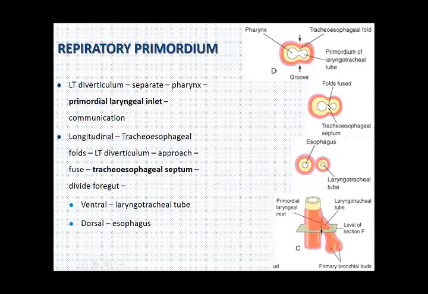The structure which is formed by the fusion of the two folds is called the tracheoesophageal septum. ये इसको divide कर देता है. This septum divides the foregut into an esophagus and lower part of the pharynx, and then ventrally placed laryngotracheal tube.